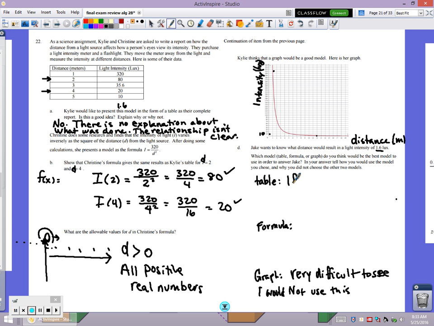So if I use the table, I'd need to continue the lux until I found 1.6. When I say continue the lux, that doesn't make any sense.